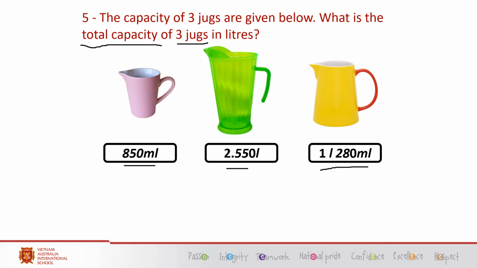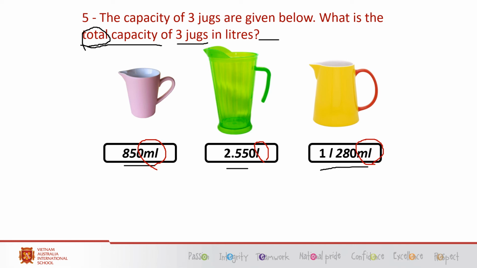After reading, we already know that we need to use addition, because we have the word total. We just simply add them all together. But before we add, look at the units carefully. Do they have the same unit? If they don't have the same unit, we need to convert them to the same unit.